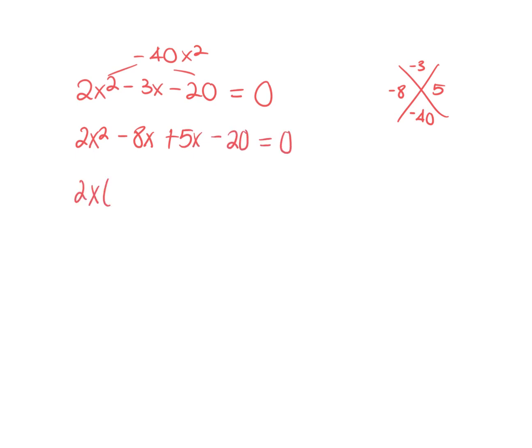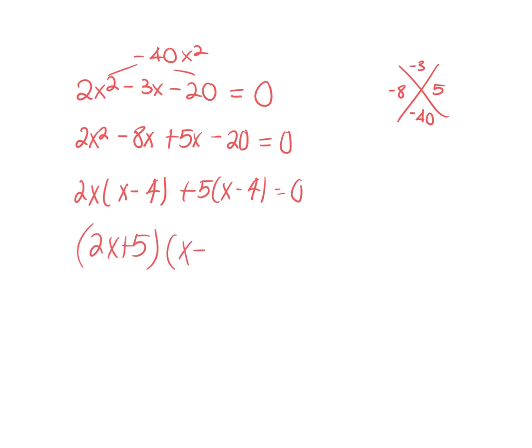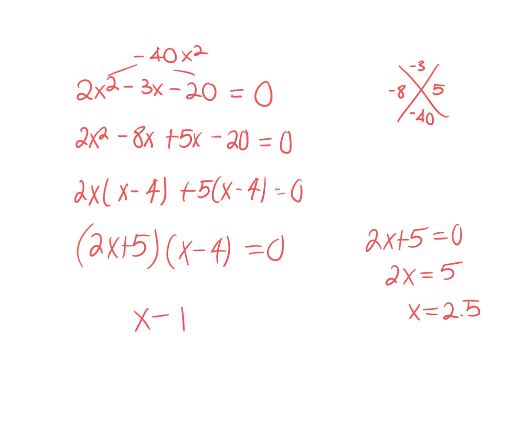Factor out a 2x, we have x minus 4. And then we factor out a 5, we have x minus 4. And so we end up with 2x plus 5 times x minus 4 equals 0. So if 2x plus 5 is 0, 2x is negative 5, so x is negative 2.5. And then if x minus 4 equals 0, x equals 4.